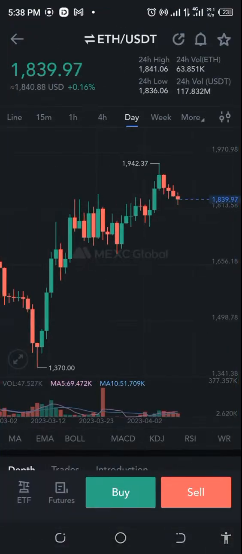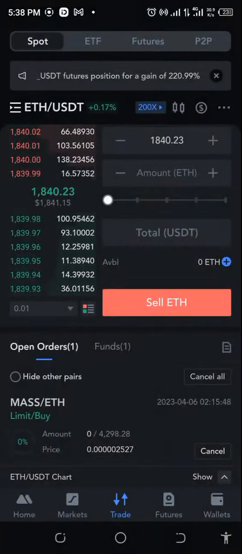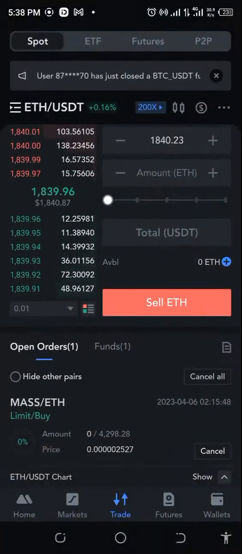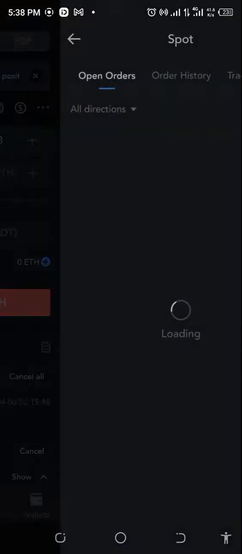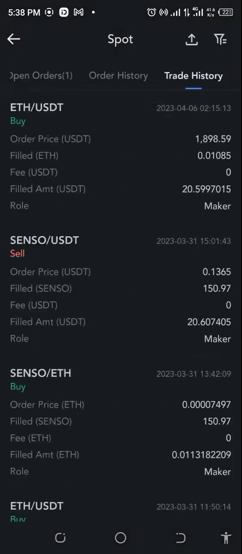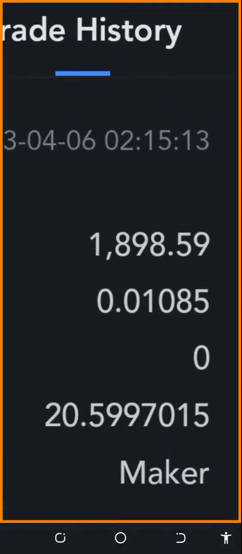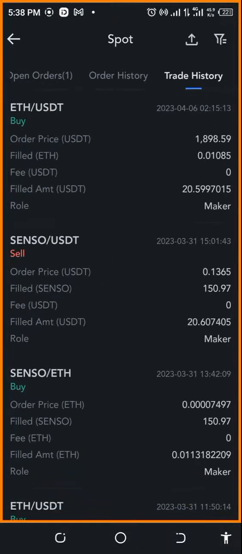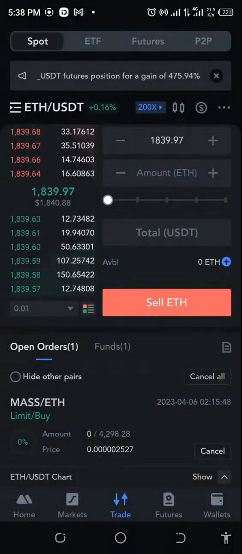So because of that, because I bought this mass ETH, I mean, sorry, I bought ETH for 1,898, almost like 1,899, as you can see here. So right now the value of ETH has gone down.